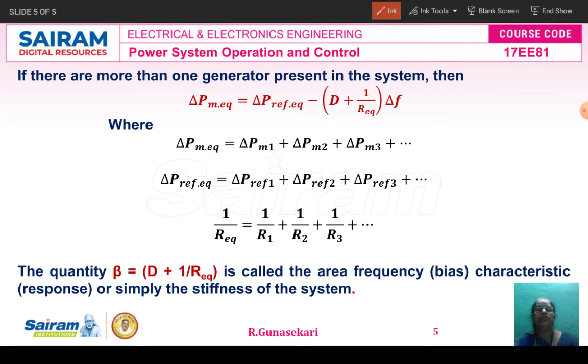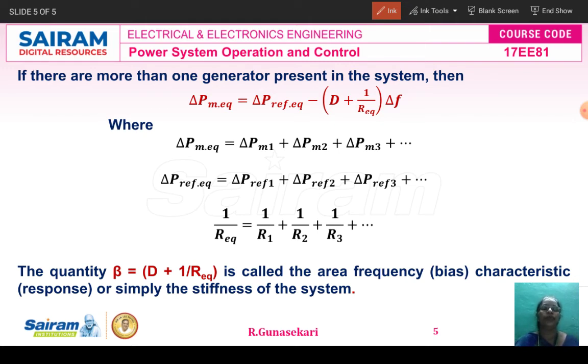Now, if one generator, okay, but one generator cannot meet our load demand, because the load can increase or decrease, that means it varies depending upon the load consumed by the consumer. Day by day the load varies, weekly also, monthly also, hourly also, and yearly also.